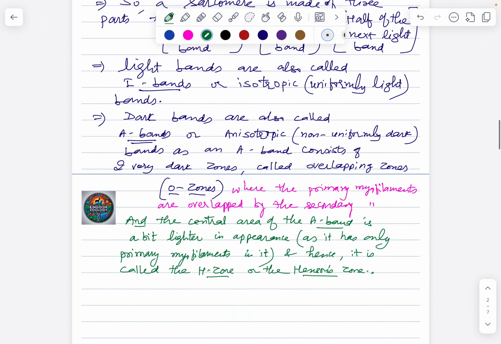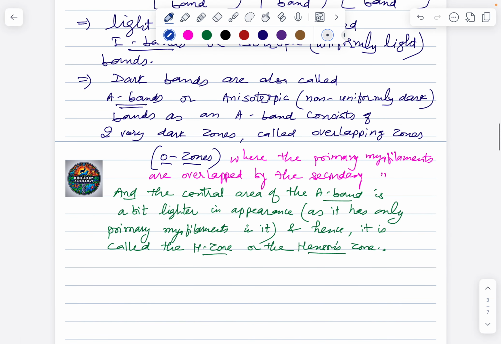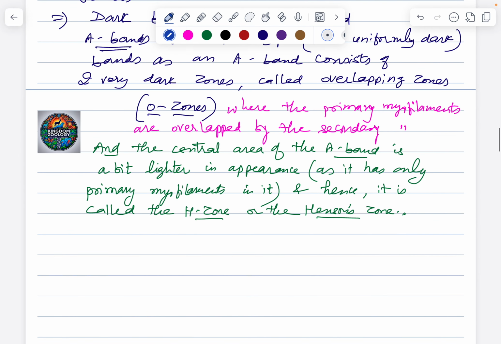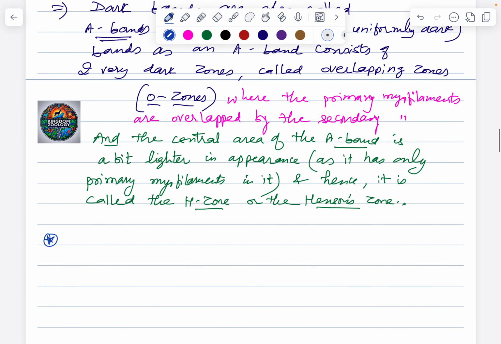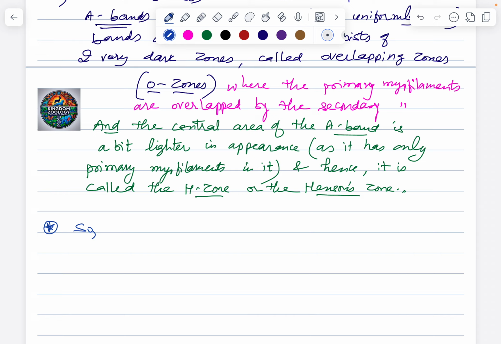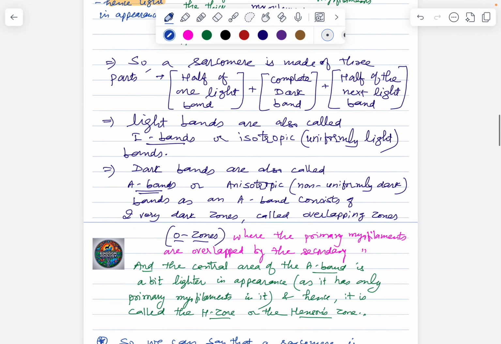I'll basically give you one more view over here to give a better understanding finally as a revision, as well as to give you a macro level view of the entire muscle fiber or the cell. Before that, I'll mention one more thing. We can say that a sarcomere is made up of, what is the sarcomere made up of?